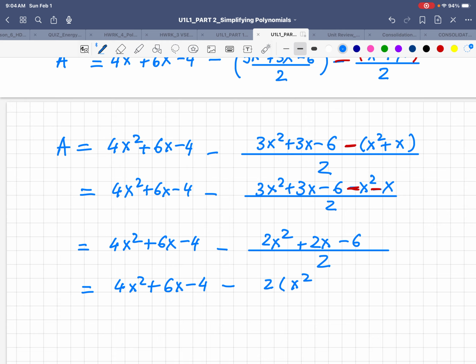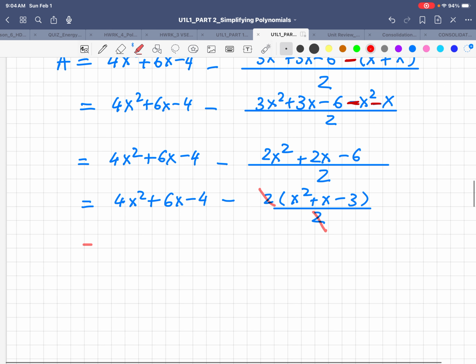And then we have x squared plus x minus 3 divided by 2. And that will simplify our denominator. And we end up with 4x squared plus 6x minus 4.